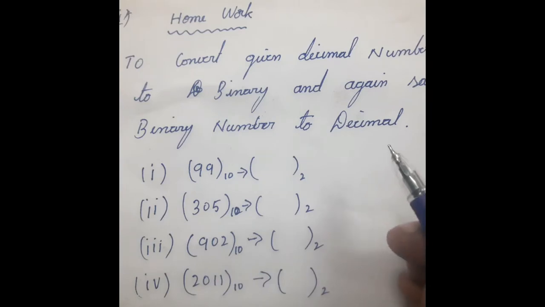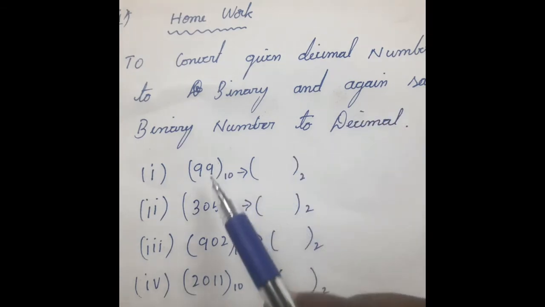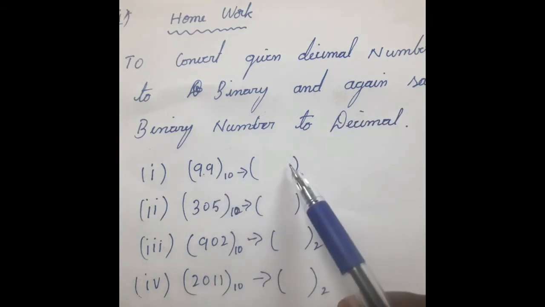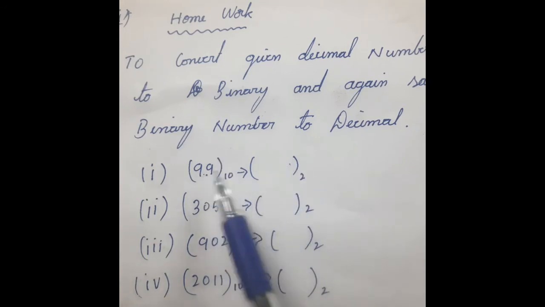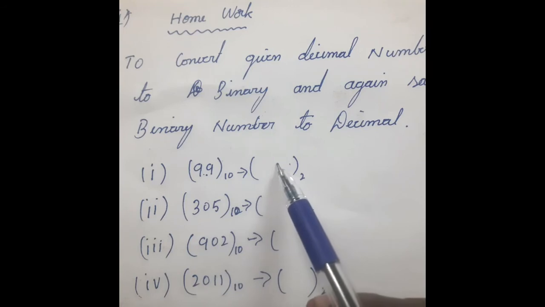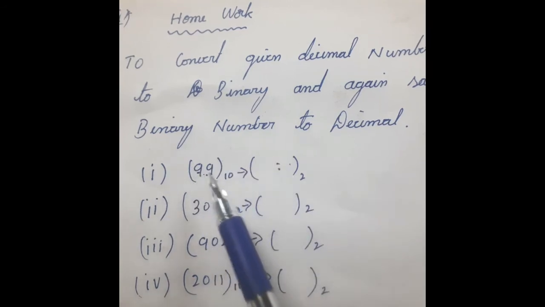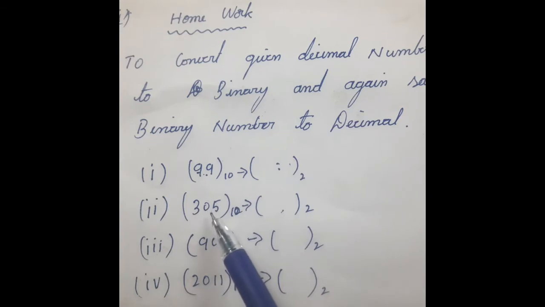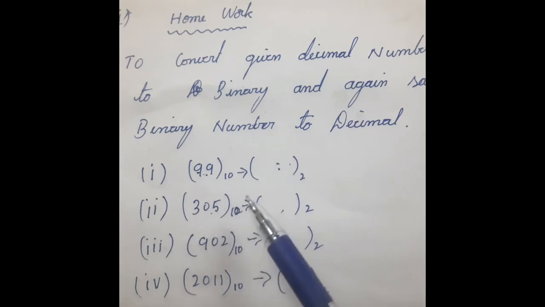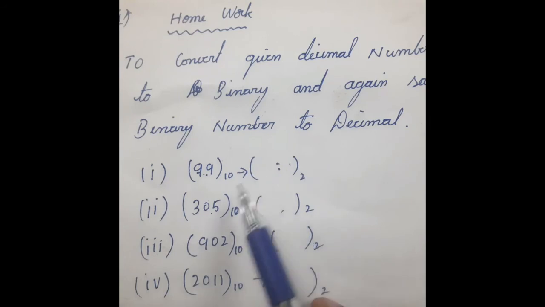Now let us see the homework. Last class you learned how to convert decimal to binary. This class also, convert a given decimal number to binary and again binary to decimal. When you convert binary back to decimal, you will get the same decimal number.